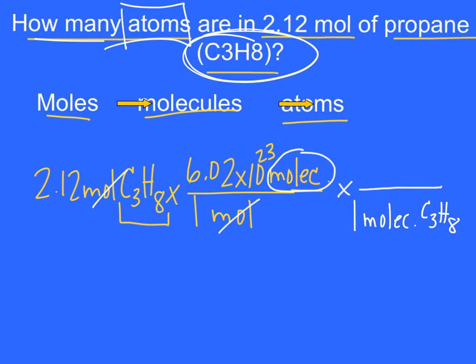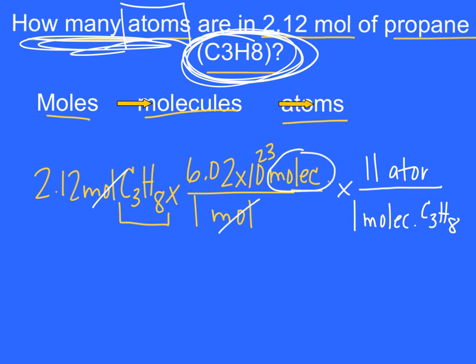How many atoms are in C3H8? Well, it would be 11 atoms. So if you're trying to figure out how I got 11, it's by adding up the 3 carbons with the 8 hydrogens. So that's a total of 11 atoms in 1 molecule of C3H8.